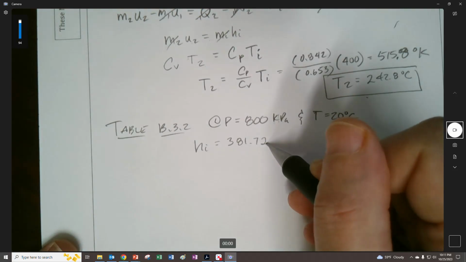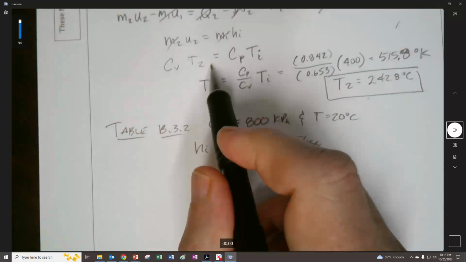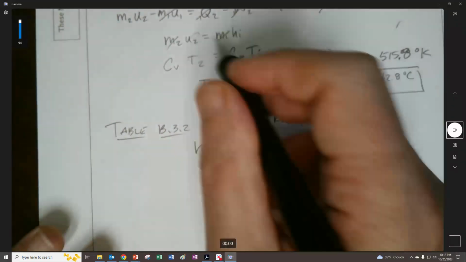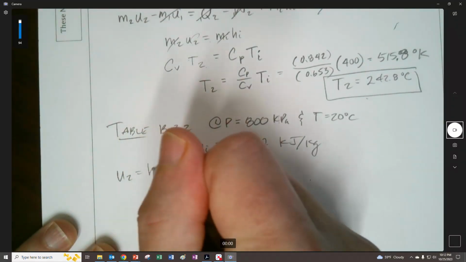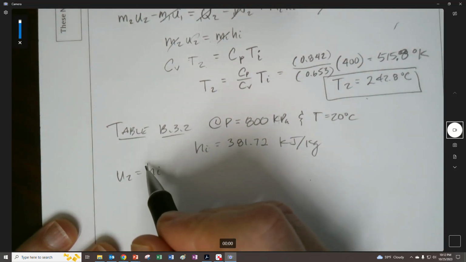381.72 kilojoules per kilogram. And so we have the same thing going on right here. We have to say that U2 equals H1. So we just found H1 from the table, and now we have to try to find U2.